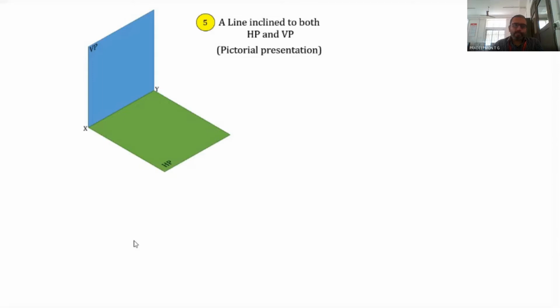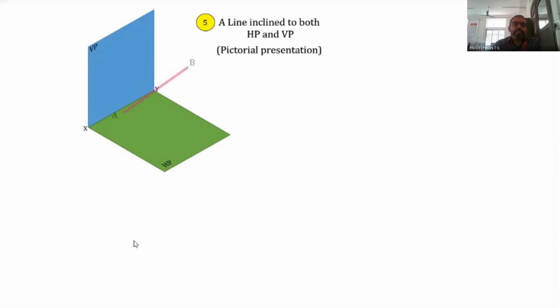Almost all the distances are measured from the XY line itself, because any distance which is to be measured from HP, as well as any distance to be measured from the vertical plane, is measured from the XY line in our orthographic views. So the XY line is our reference line.